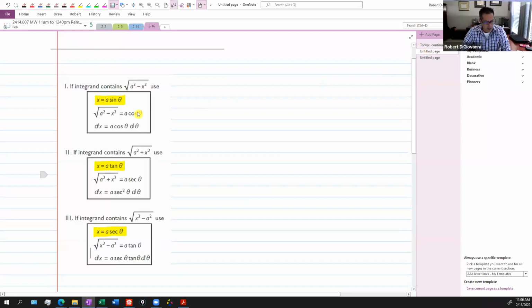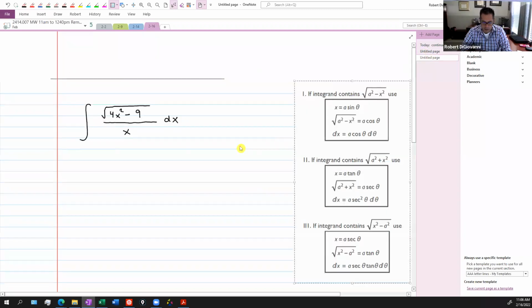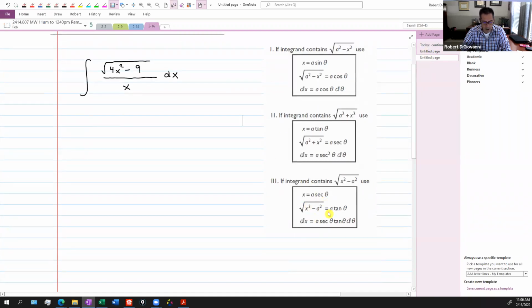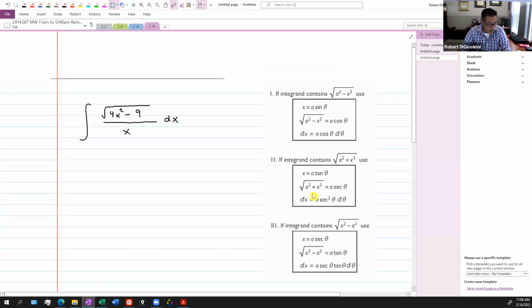Okay, so here we go. I'm going to copy this real quick and bring it over here. We are looking at this bottom one. It looks like this one, except we don't have a 1 in front of the x squared, so I need to do that first.